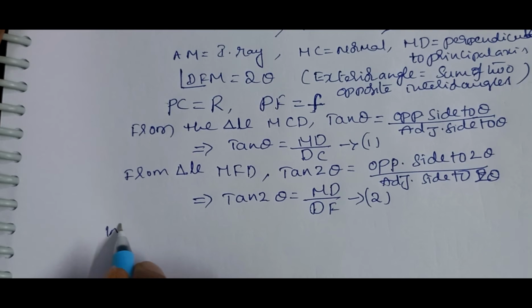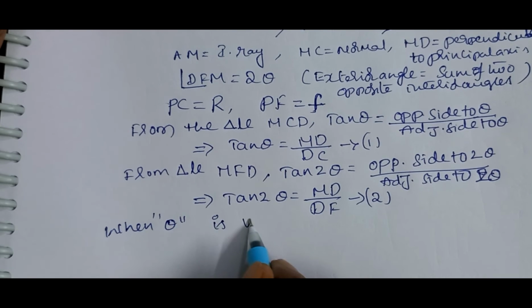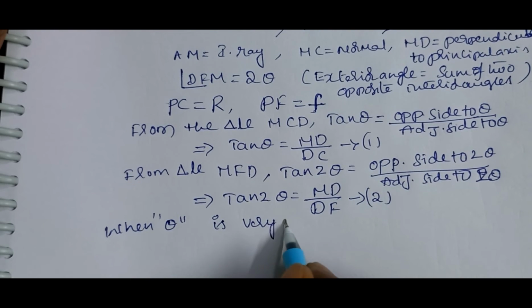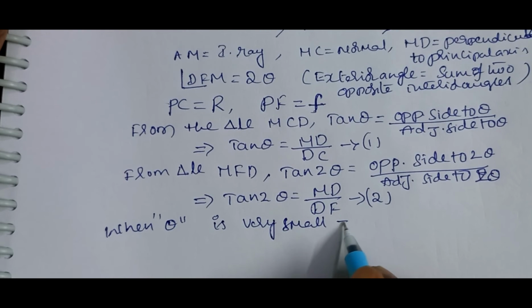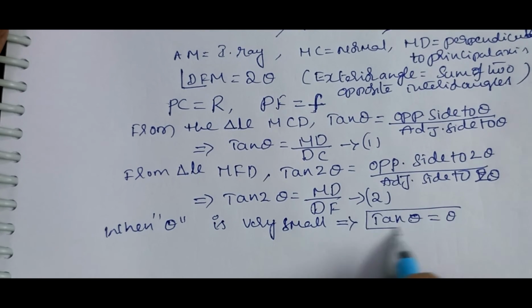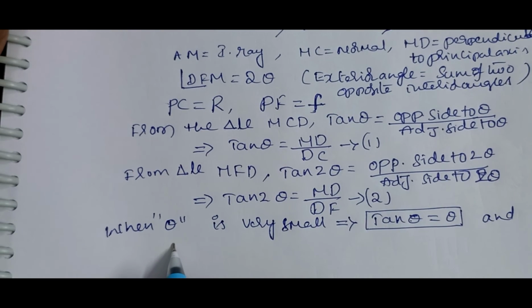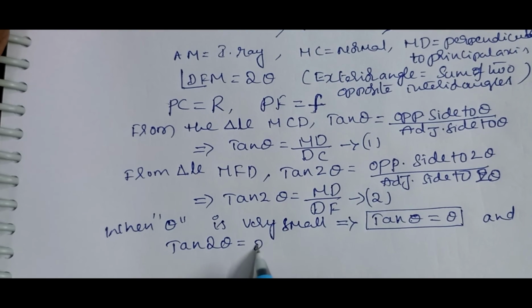Now when theta is very small, we can take tan theta equal to theta, and tan 2 theta is taken as 2 theta.